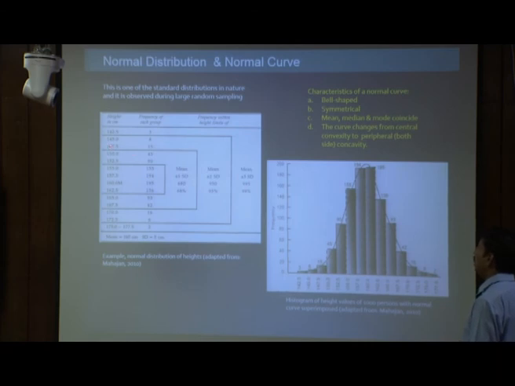This is the frequency for each group. 145 to 147.5, how many students are there? 50. So in this way, with a small interval in each group, the number of students is given here.